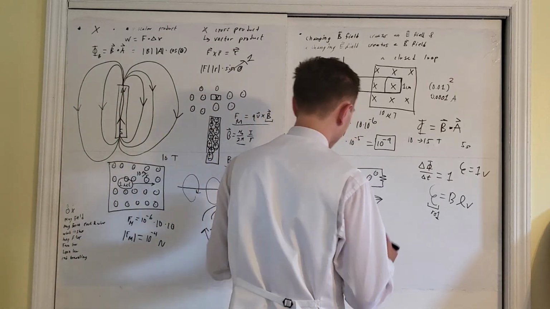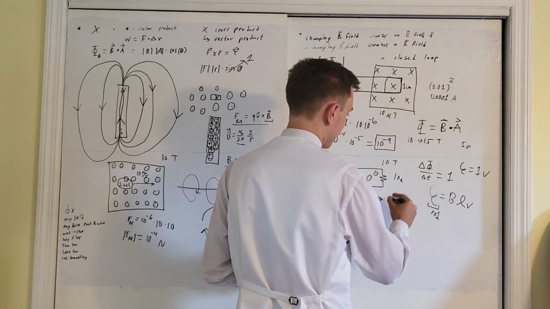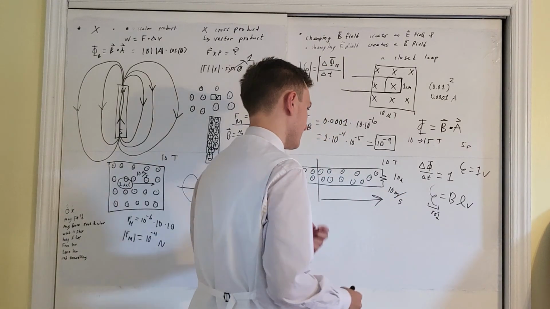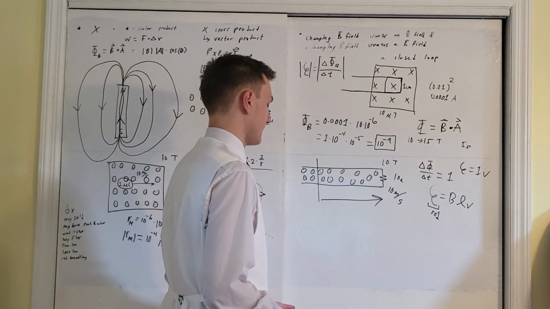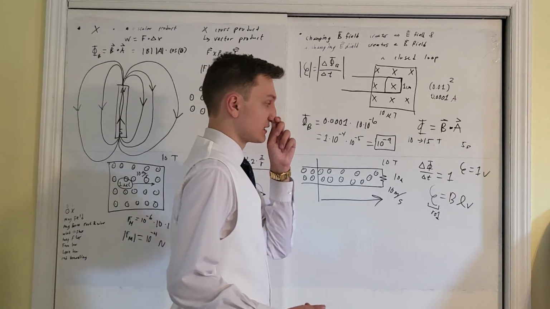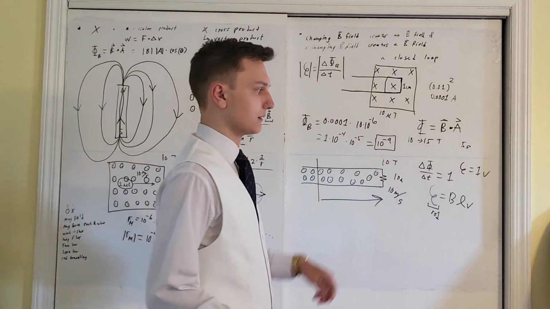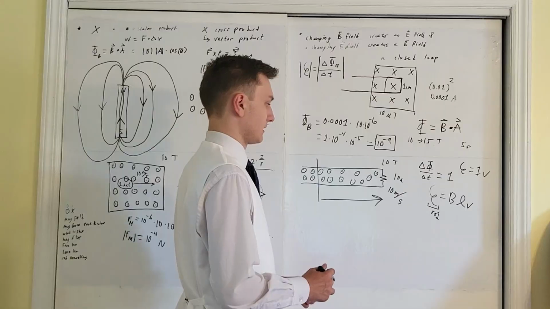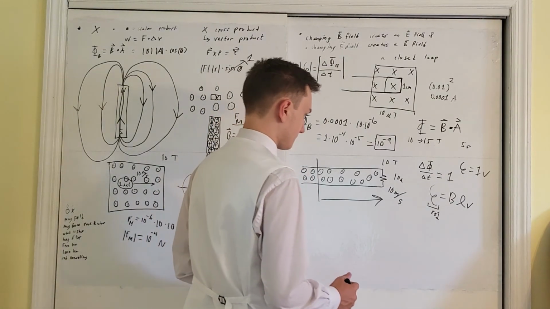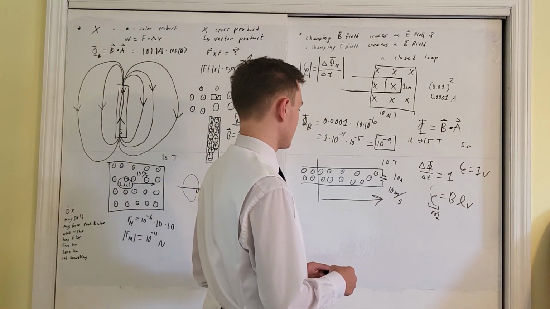So if I have a B field of 10 Tesla, a length of 10 meters, and a velocity of 10 meters per second, that means my induced EMF is 1,000 volts, okay? Now you can see why it's so rare to see a B field of strength 10 Tesla. It's really, really rare. Anyway, that means my induced EMF is 1,000 volts, okay?